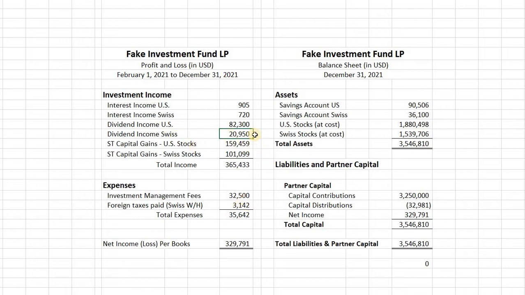So in other words, this is the gross amount of dividend income that was paid by those Swiss brokers into the account, but not the net, right? The net was likely the difference here, right? So it would have been like $17,808 actually got deposited into the account, but that's because they were supposed to get $20,950, and then there was $31.42 in withholding taxes being deducted before it was even deposited.